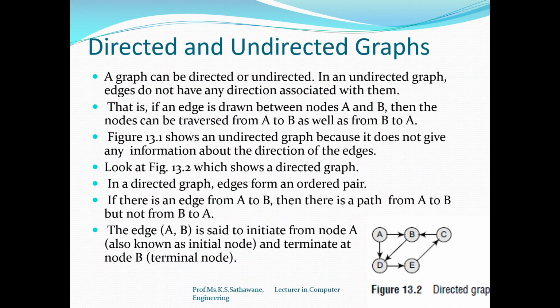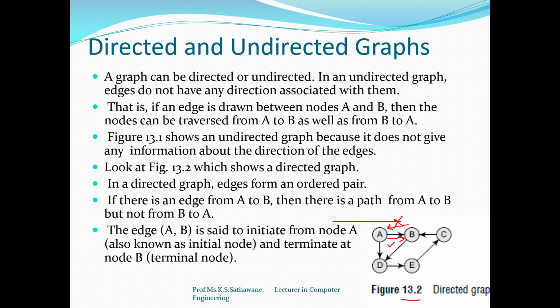So if you see this figure 13.2, then you can see there are directions given on the edges. So here you can traverse from A to B, but you cannot traverse back from B to A. This is invalid.